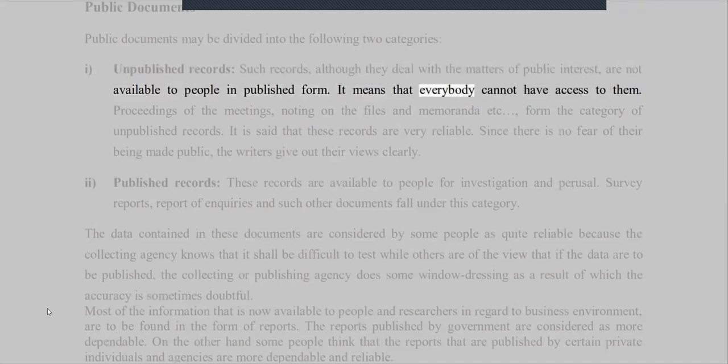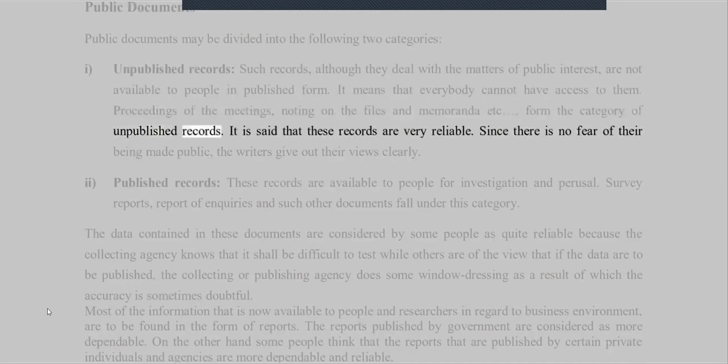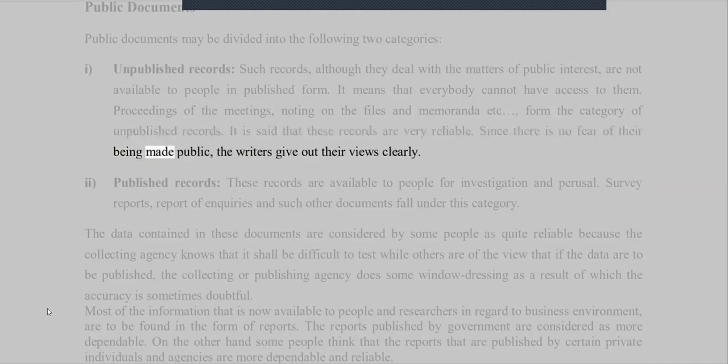It means that everybody cannot have access to them. Proceedings of the meetings, noting on the files and memoranda, etc., form the category of unpublished records. It is said that these records are very reliable, since there is no fear of their being made public, the writers give out their views clearly.